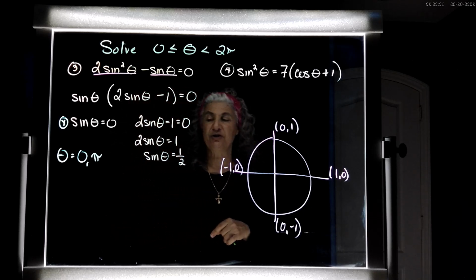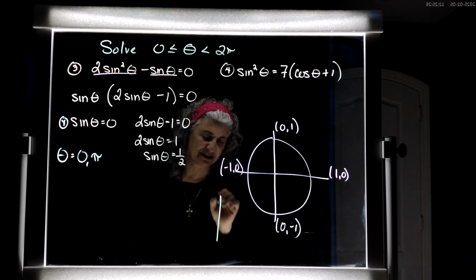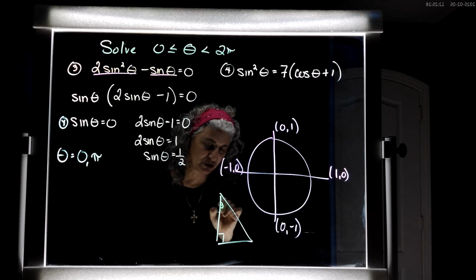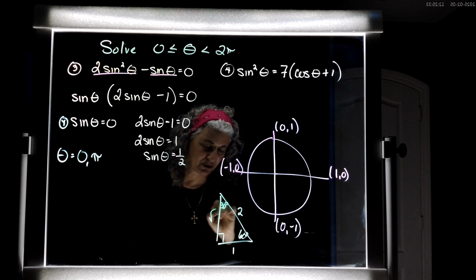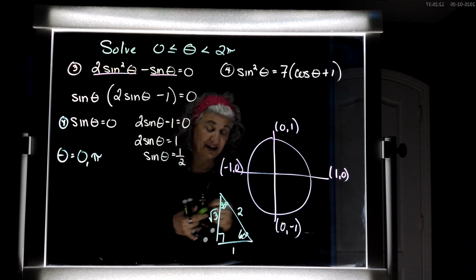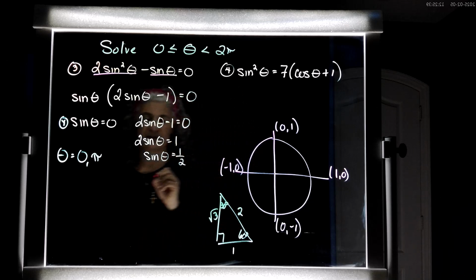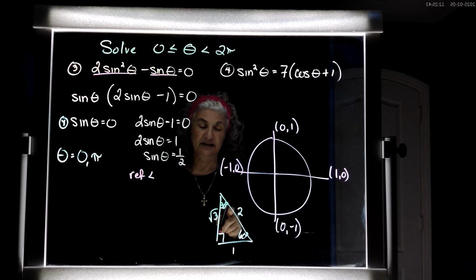Sine of theta equals 1 over 2. There's that 30, 60, 90 triangle again, isn't it? All right, draw it. Hopefully we agree on the drawing. Okay, so sine of theta, what's your reference angle? Sine is 1 over 2.